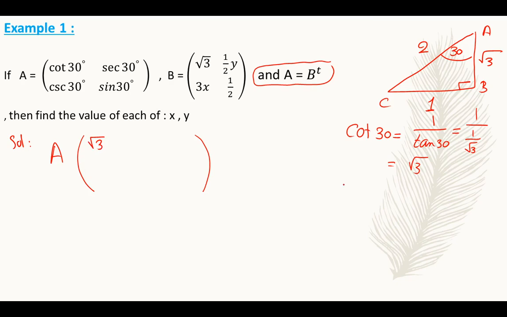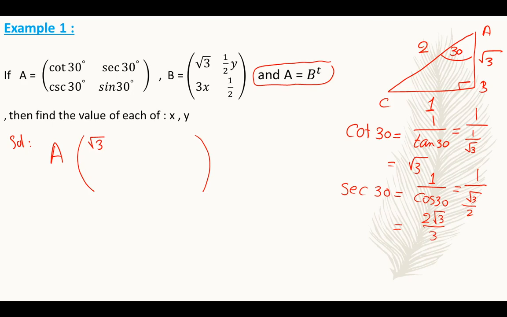And what about sec 30? We know that sec 30 equals 1 over cosine 30. So it will be 1 divided by root 3 over 2, which is 2 over root 3.